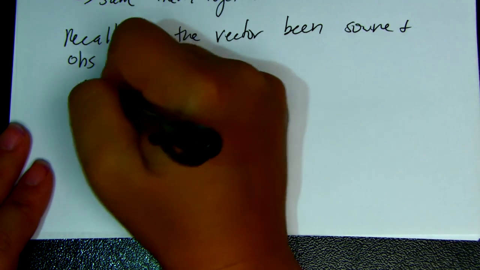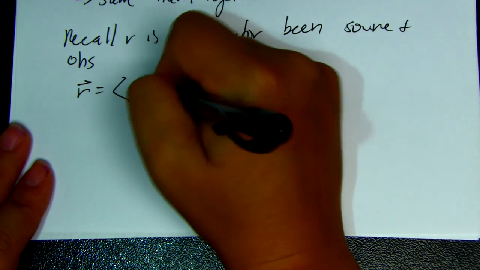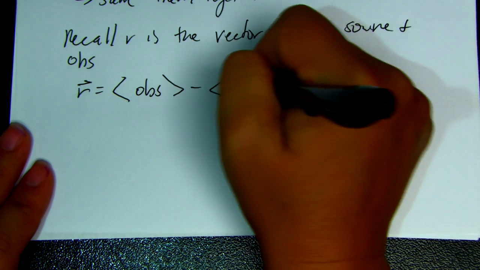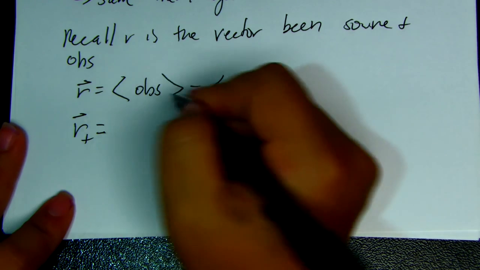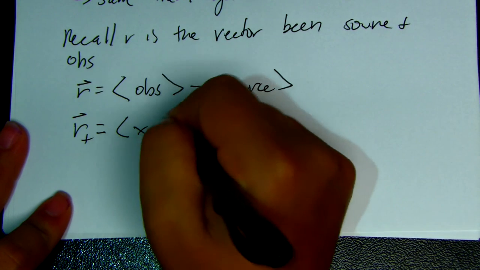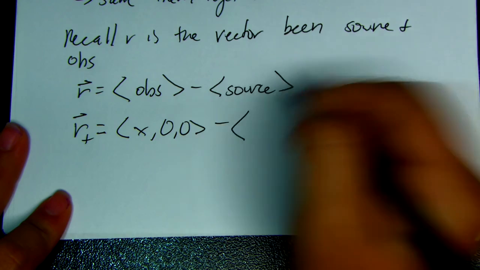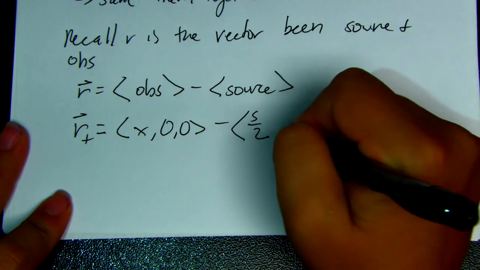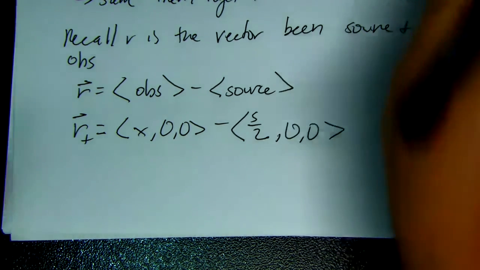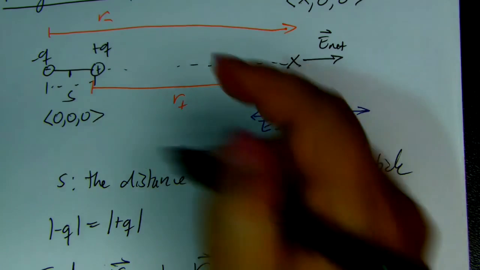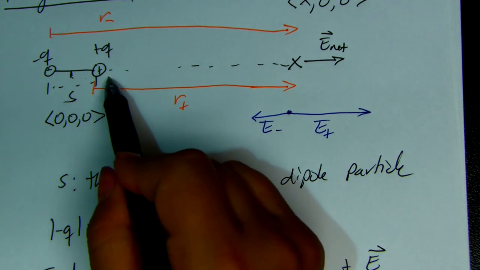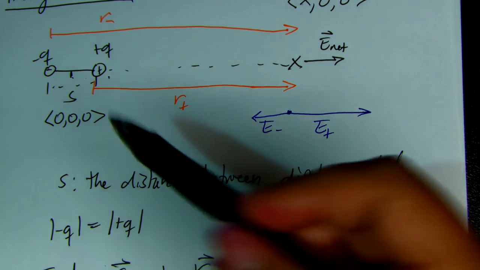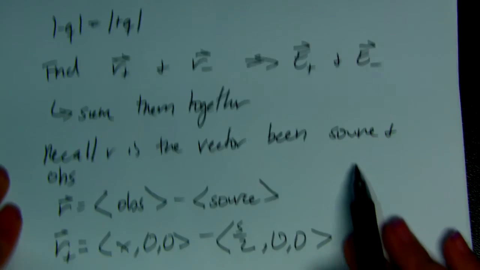So r is equal to observation minus the source. So r positive is equal to x, 0, 0 minus s over 2, 0, 0. So if the center of our dipole is at the origin, then we can see that this would be at location plus half of s.